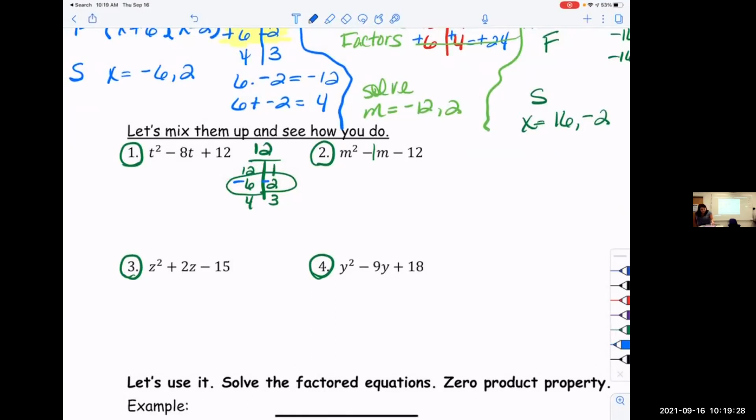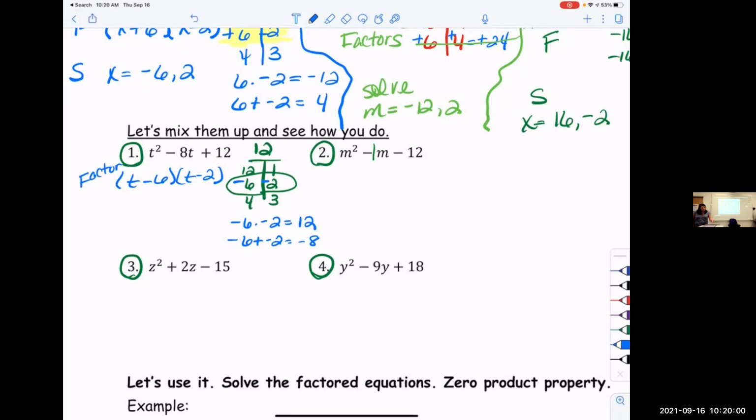So now we check it. -6 times -2. And you don't have to write this on your paper. You can do this in your head. I'm writing it so you can see my thought process. +12, -6 plus -2. Once you know that works, you're ready for the parentheses. So t minus 6, t minus 2, that is if they ask for it to be factored.